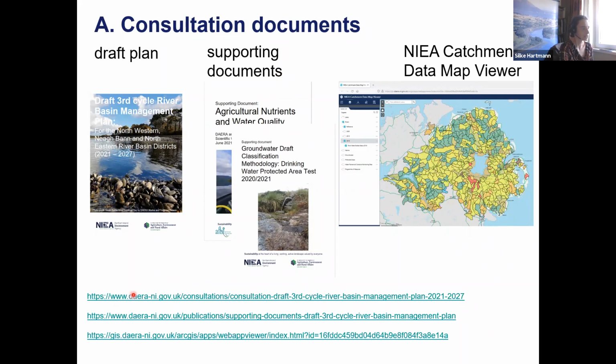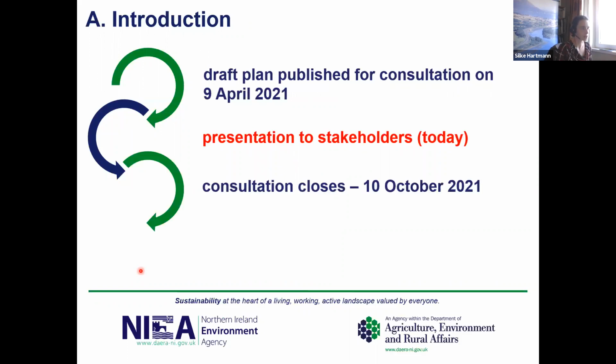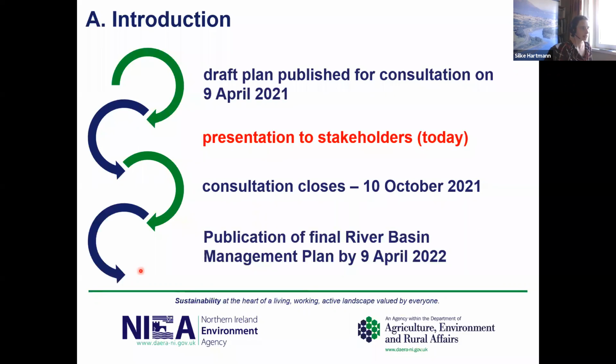These three sections can be accessed on the DAERA web page, and I've given the links below here. We are today holding this presentation to stakeholders. And as Rob already mentioned, the consultation closes on the 10th of October this year, and the final River Basin Management Plan will then be published by the 9th of April next year.